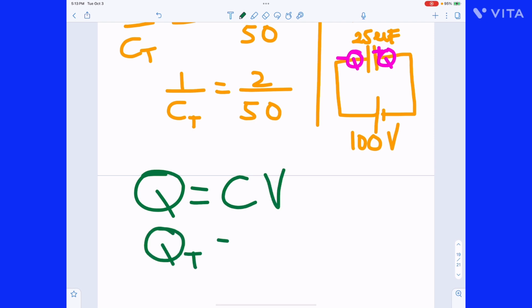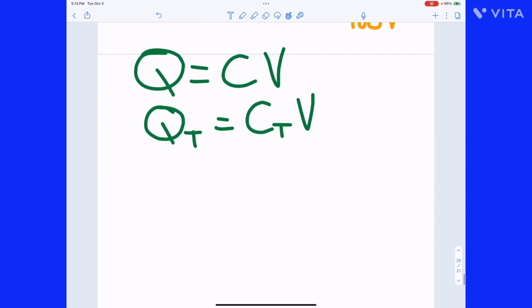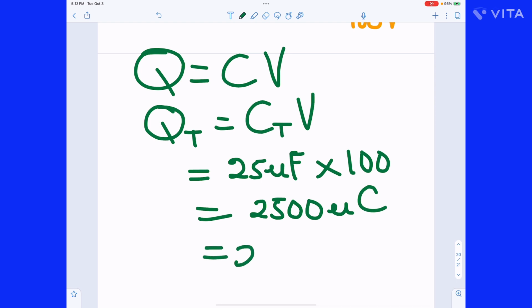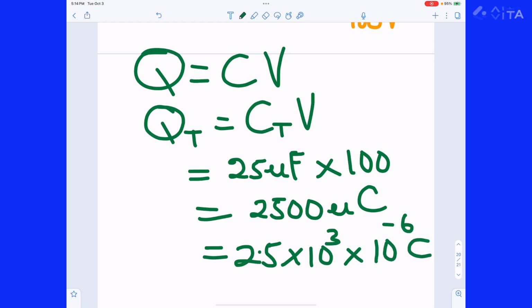Total charge in this question will be the total capacitance of the two capacitors times the voltage across their combination. That will be 25 microfarad times 100 volts, which is 2500 microcoulomb. So my answer is 2.5 times 10 raised to power 3 times 10 raised to power minus 6 coulomb.